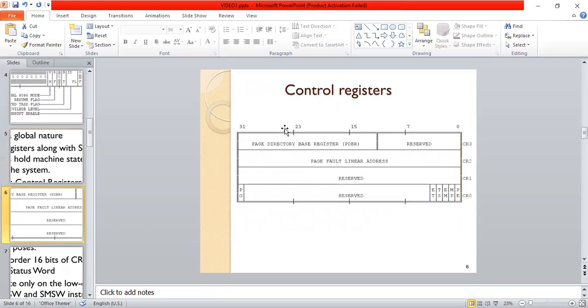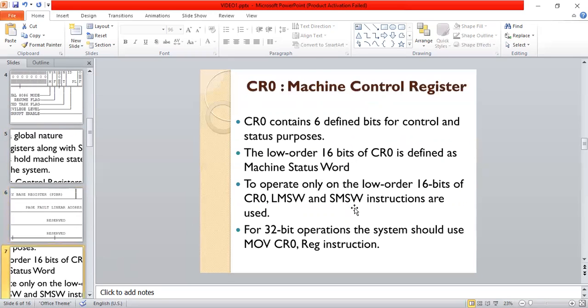The control registers are shown in the figure as CR0, CR1, CR2 and CR3. In CR0, 6 bits are defined and the remaining parts are reserved. CR1 and CR2 are reserved for further use. In CR3, the page directory base register is shown in the figure.